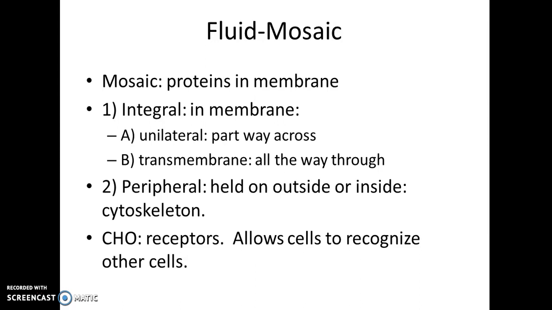The second type of proteins, the major type of protein, is peripheral. They're held on the outside or the inside of the cell membrane. If it's on the inside, then the cytoskeleton, which we just talked about, holds it in place. Now, carbohydrates can act as receptors as well as the proteins, which allow cells to recognize other cells.